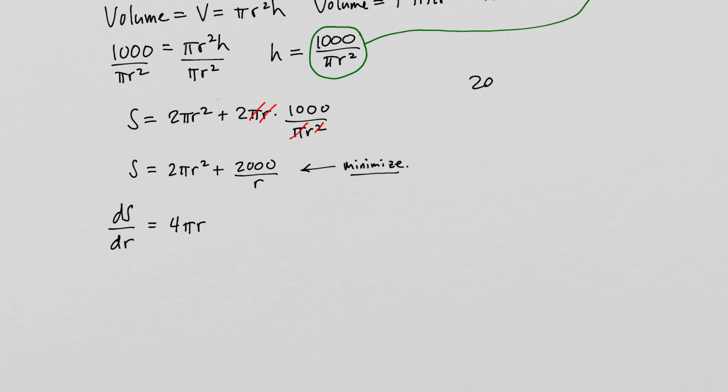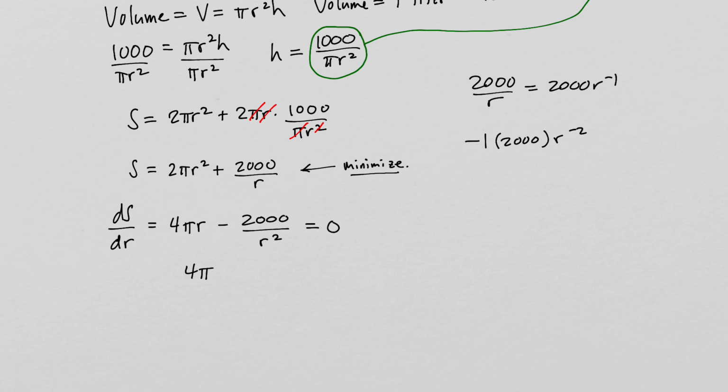And then 2,000 divided by r, it's helpful to think of this as 2,000 times r to the negative 1. So the derivative is going to be negative 1 times 2,000 times r to the negative 2. And so its derivative is negative 2,000 divided by r squared. And I'm going to set this equal to 0 to find out how to minimize it.